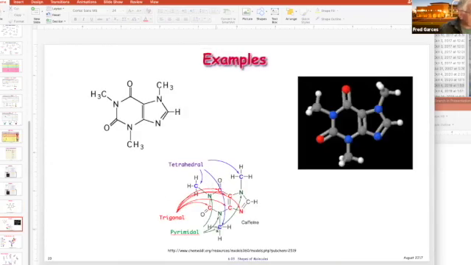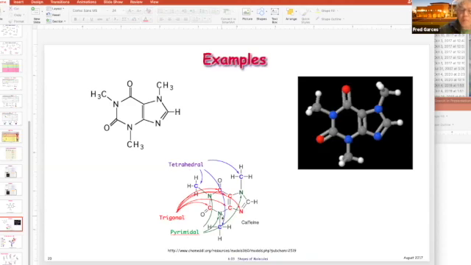So here are all the tetrahedral. I told you all these methyls are tetrahedral. All these carbons over here are trigonal. And then these are pyramidal with the lone pairs. This chemical, by the way, is caffeine. So that's an example where you have a very sophisticated molecule, more sophisticated than what we were working with.